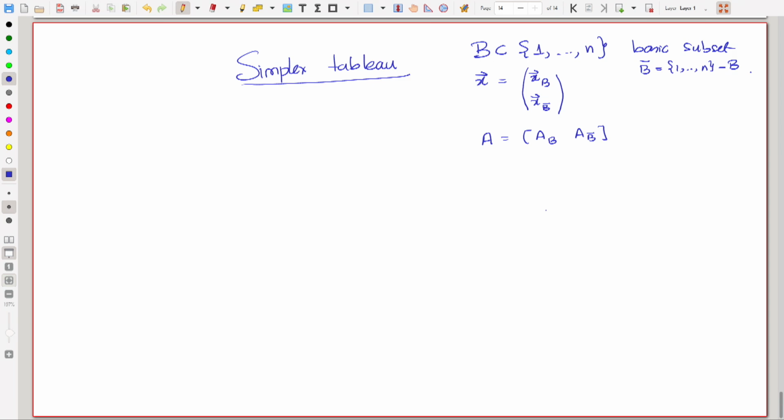So, what we are saying is that A x is equal to A B x B plus A B bar x B bar.